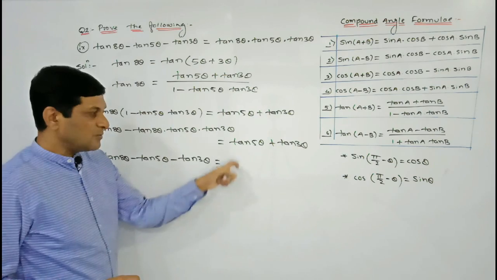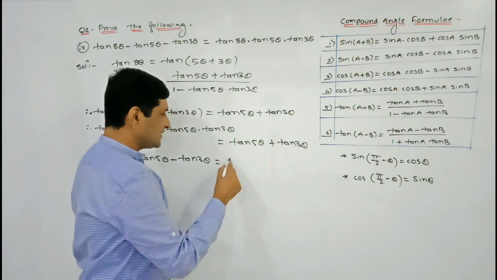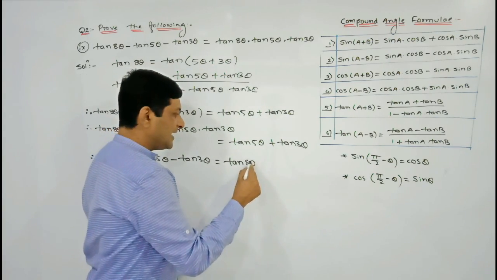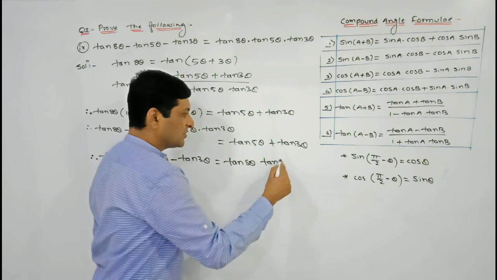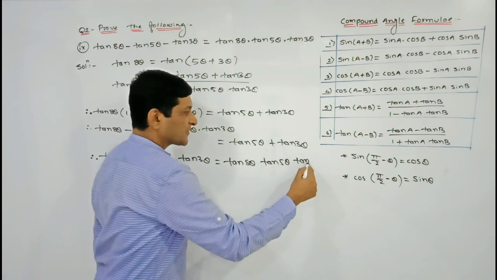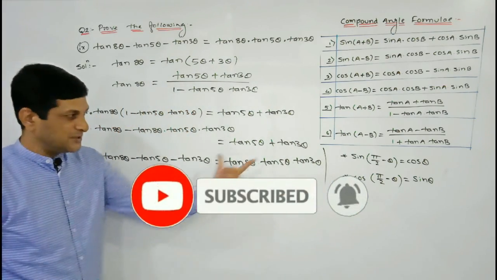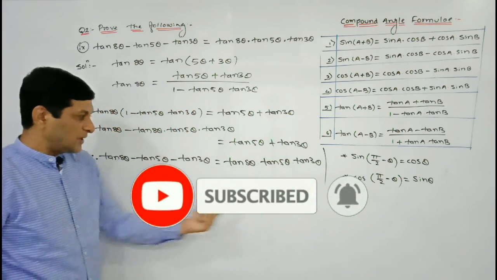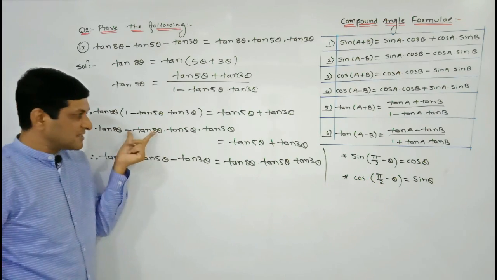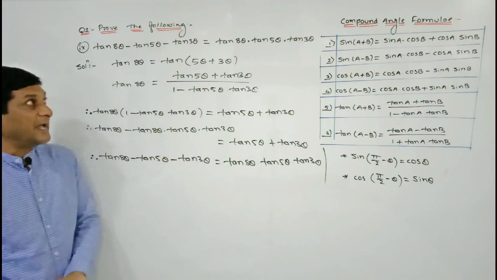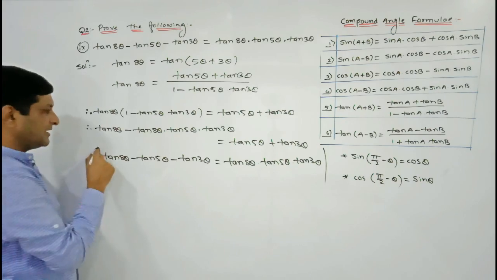So this minus term on the right hand side will become plus, and we get tan 8θ into tan 5θ into tan 3θ. Just using transformation we have got our required result.